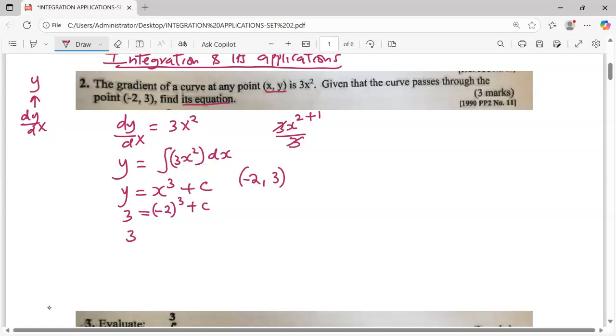That means 3 will be equal to (-2) to the power 3, which will give us -8, plus c. If we move -8 to the other side, the value of c is going to be 3 plus 8, which will give us 11. That means therefore the equation will be y equals x cubed plus c, and the value of c is 11, and that gives us the solution to this particular question.